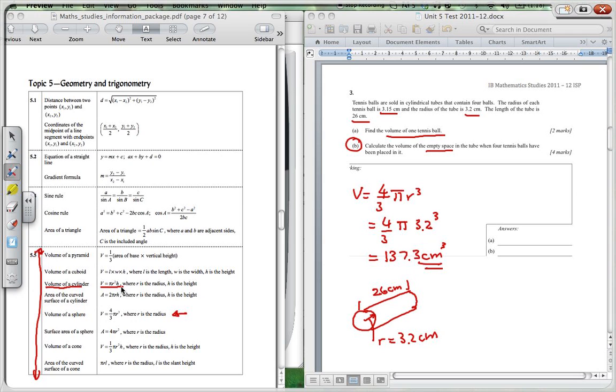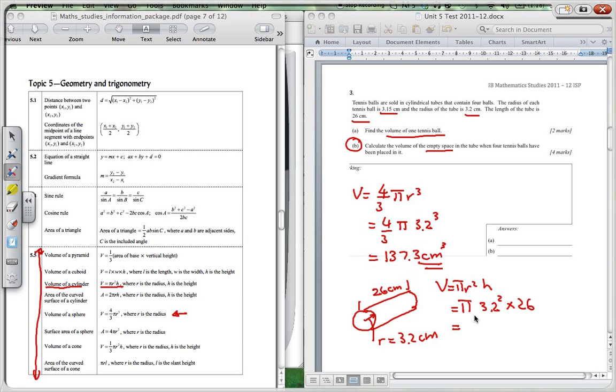So we've got V is equal to pi r squared h. So it's going to be pi times 3.2 squared times 26, and that will give us the volume of the cylinder.